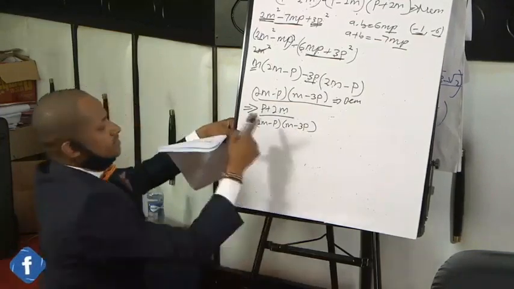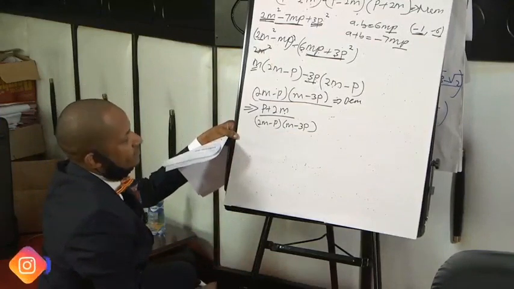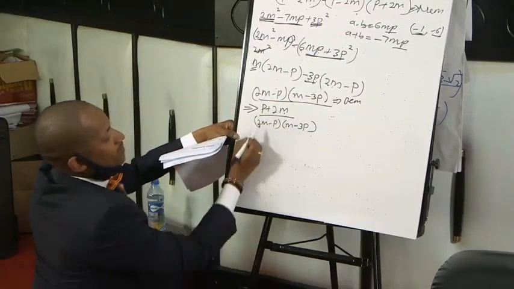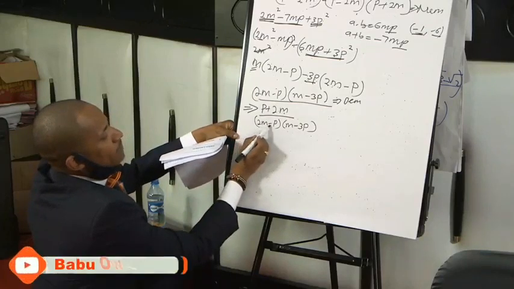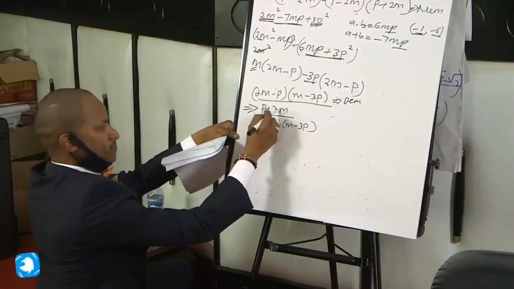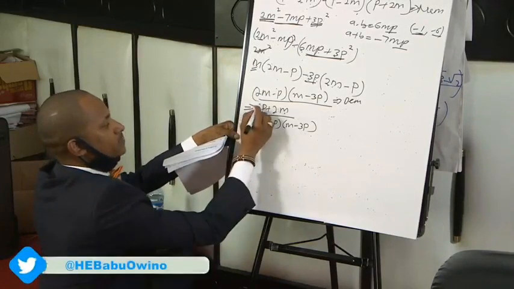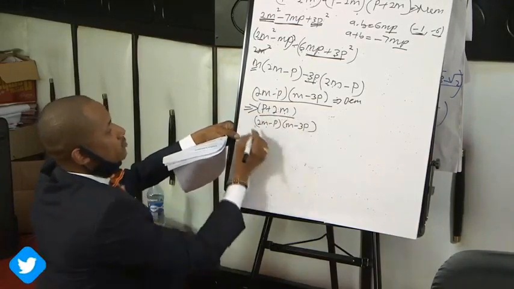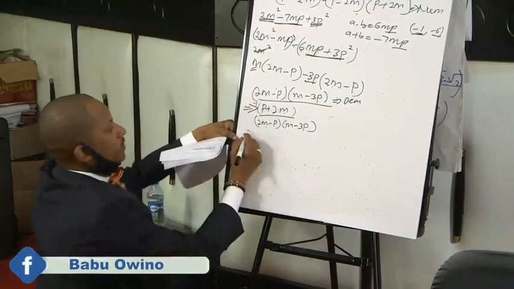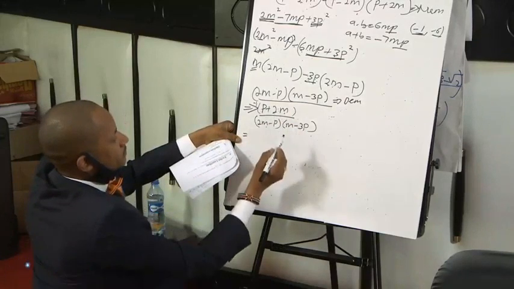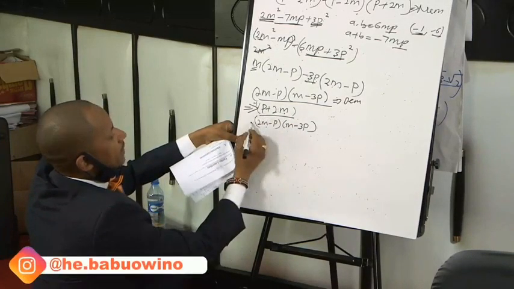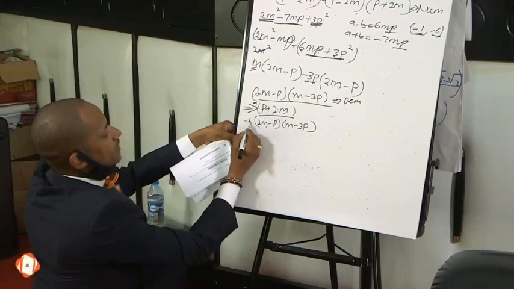From this, we want to simplify further. So how do we simplify it? We have p plus 2m, but here we have 2m minus p. So we can make this equal to this by simply multiplying the upper part and the lower part by negative 1.